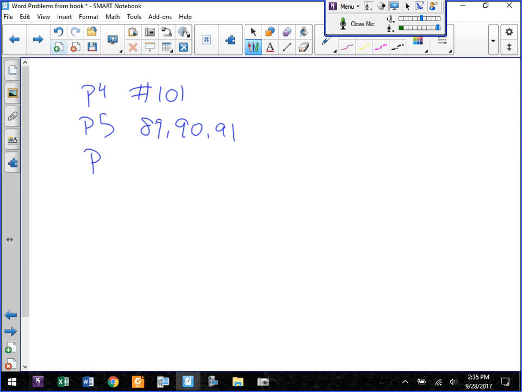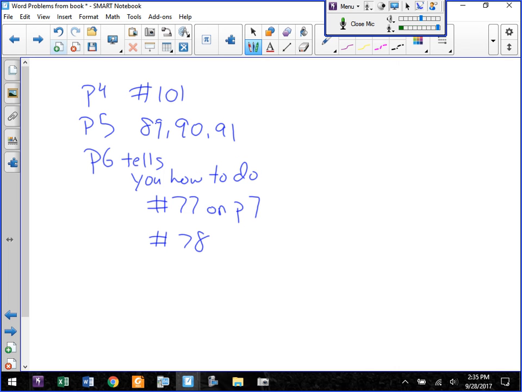Page 6 tells you how to do number 77 on page 7. So do 77 and 78.